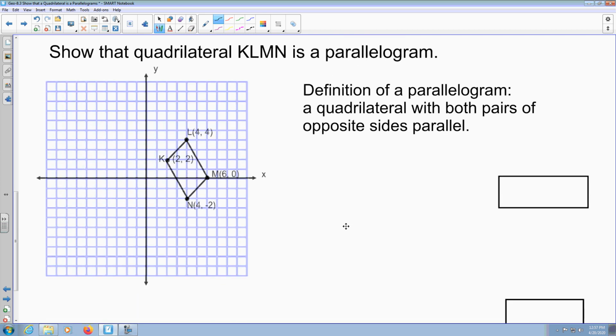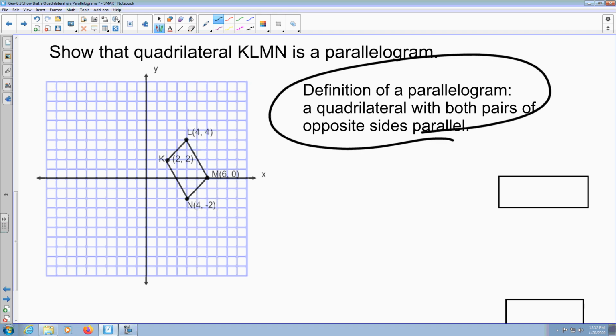Finally, it says show that quadrilateral KLMN is a parallelogram. Here I gave you the definition of a parallelogram, which means that both pairs of opposite sides are parallel. When you're looking at a coordinate plane such as this, where they give us ordered pairs, the best way to determine if sides are in fact parallel is finding the opposite sides' slopes.